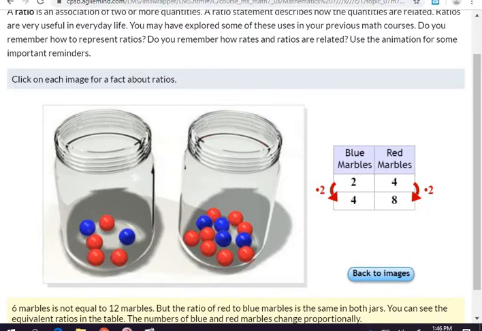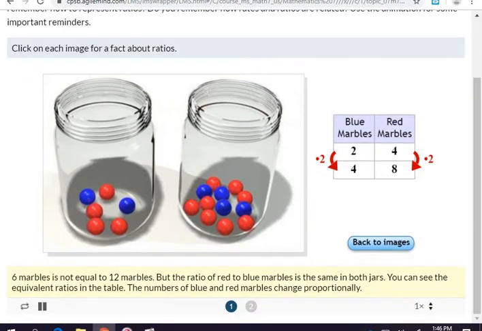They're multiplying it times what? 2. They used a dot for multiplication. We're 7th grade, and from here on out, they're always going to use dots for multiplication. Okay, so they're multiplying both sides by 2. So I have 2 to 4 marbles, then 4 to 8. Are these equivalent? Did they go up by the same? Yes, they did. Okay? That's important to note.